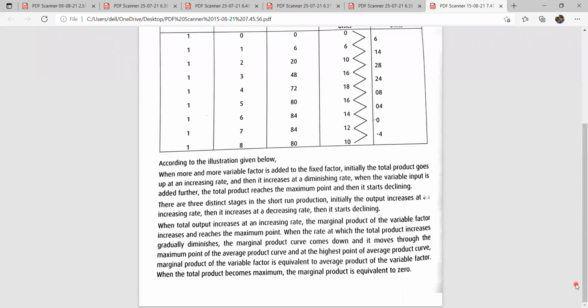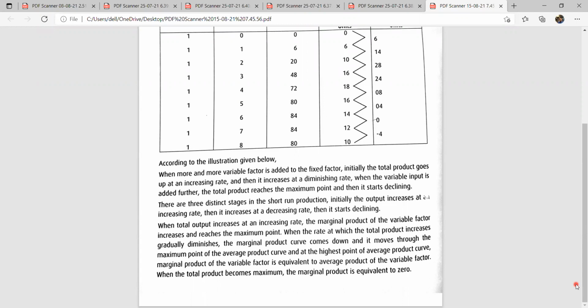When the variable input is added further, the total product reaches the maximum point and then starts to decline. Initially it rises, then it falls.